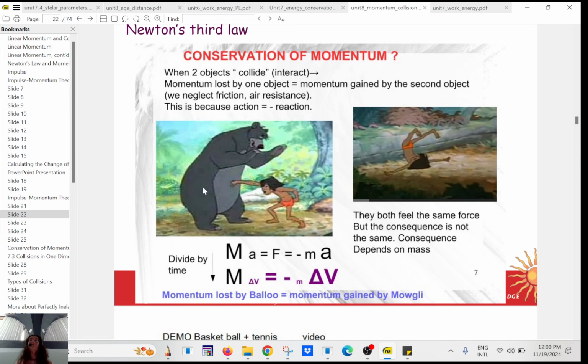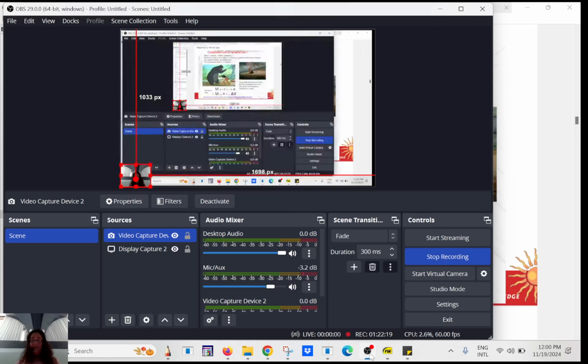This one has a huge mass and a small acceleration. So if you multiply by the time on both sides, you get that the change in momentum for Mowgli equals the change in momentum for Baloo. That comes from every action having an equal and opposite reaction.